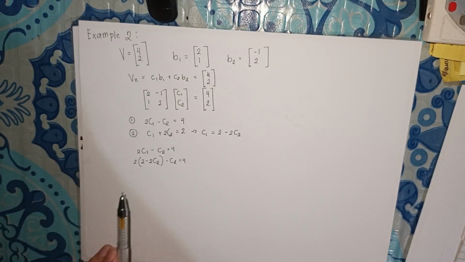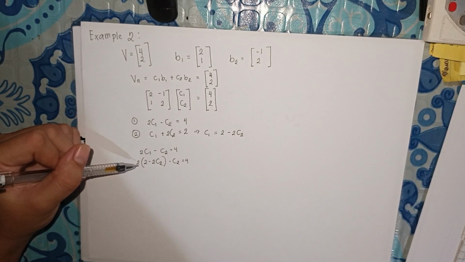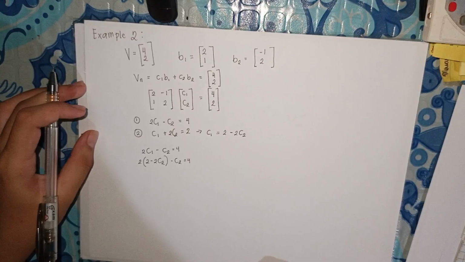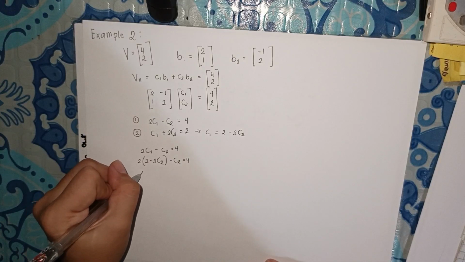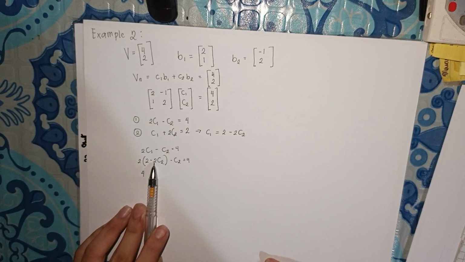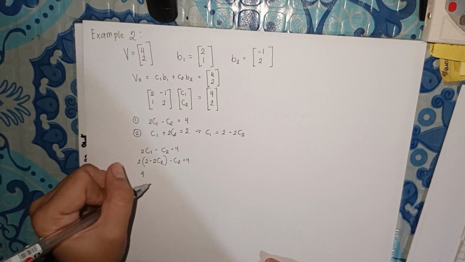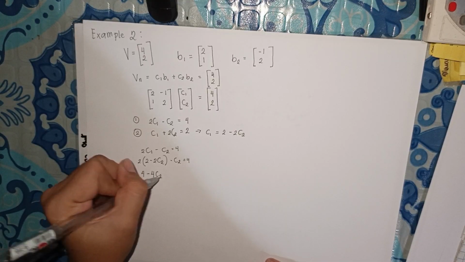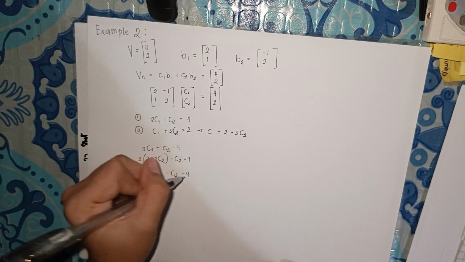Get it? So now we multiply the 2 into the parentheses. So 2 times 2 is 4. Then 2 times negative 2 C sub 2 is negative 4 C sub 2, minus C sub 2 is equal to 4.